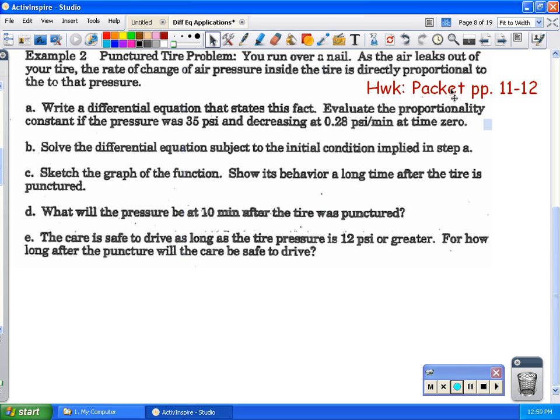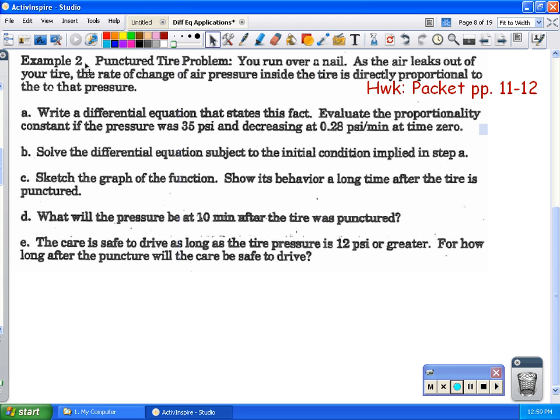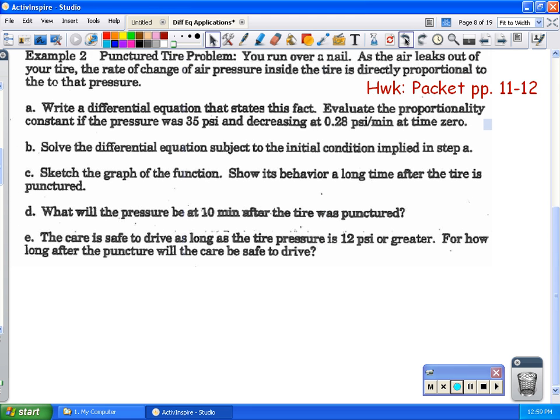You run over a nail and the air starts to leak out of your tire. All right, so we're stumbling upon some calculus words. Let's select the pen. All right, so the rate of change of air pressure. I'm going to use P for pressure. So I'm going to record the information.